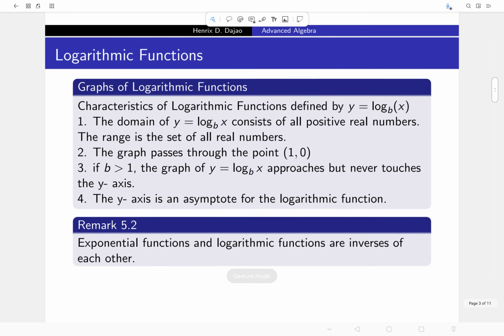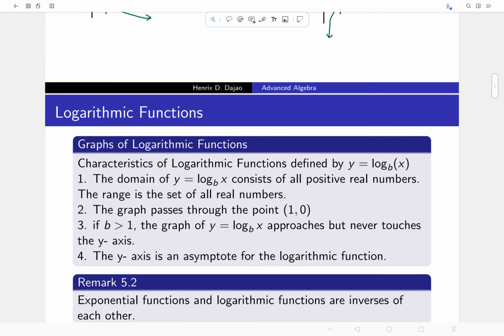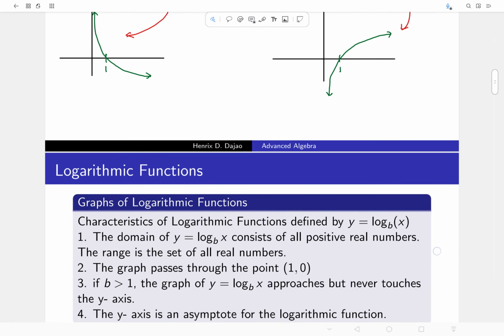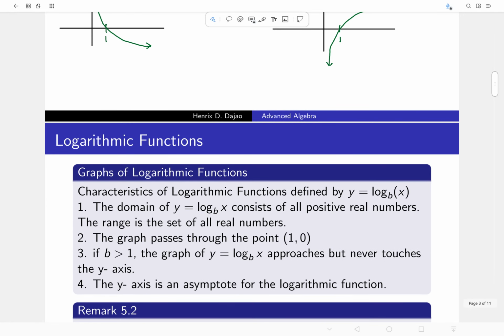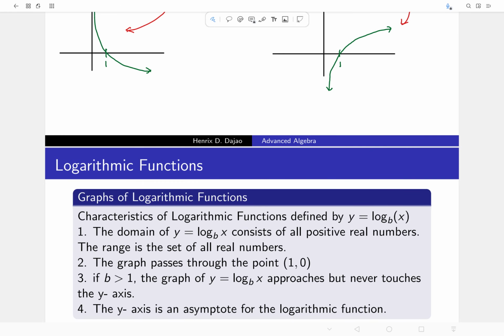So let's go to some characteristics of our logarithmic function, defined by y equals log of x with base b. The domain of this function f consists of all positive real numbers.